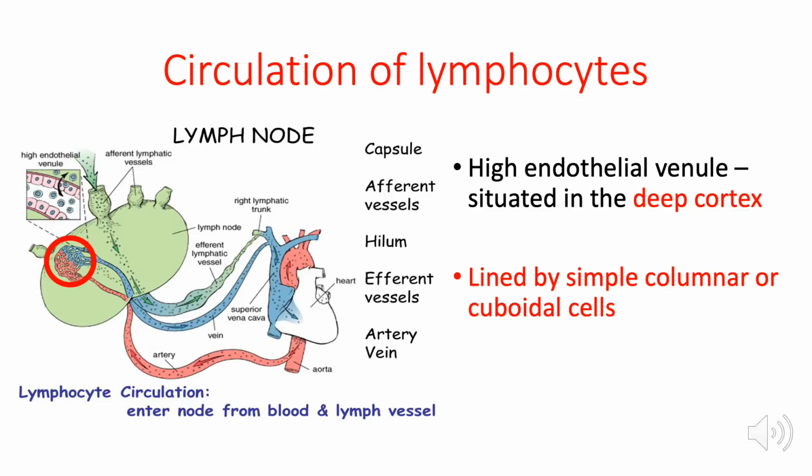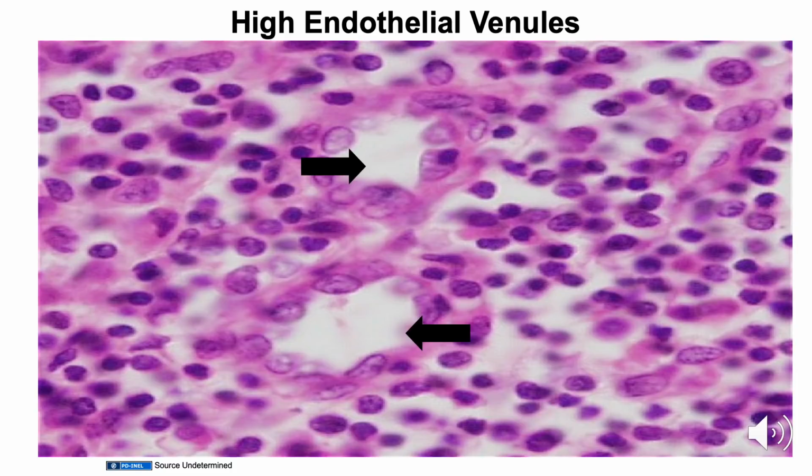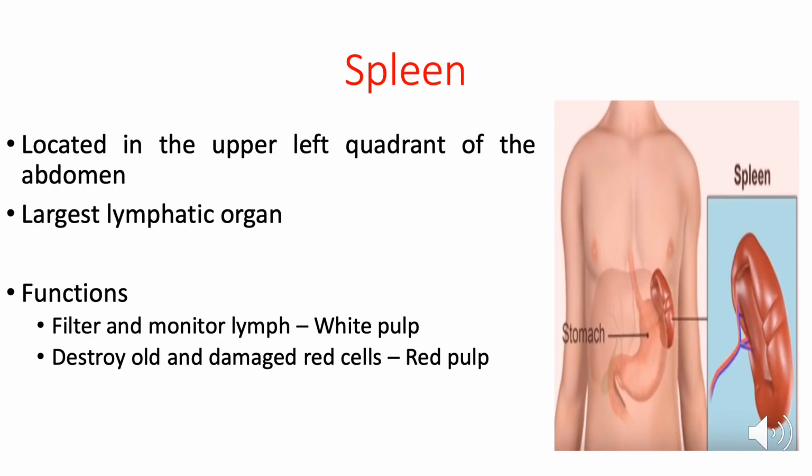They are particularly found at the deep cortex of the lymph nodes as shown in the picture. These are two high endothelial venules, so expect that the majority of the cells around them are T cells because they are found in the deep cortex of the lymph node, which is primarily composed of what cell again? T cell.